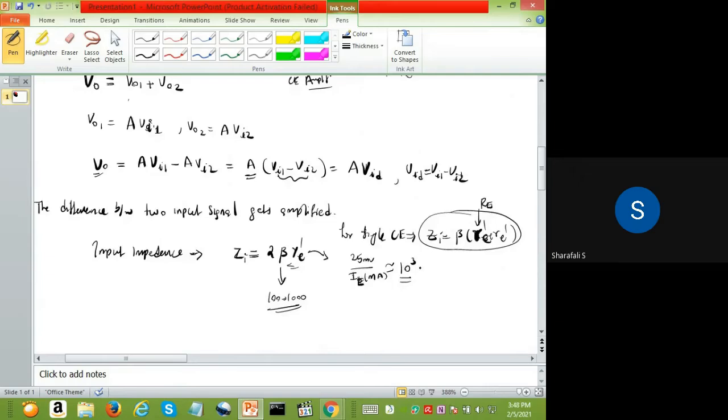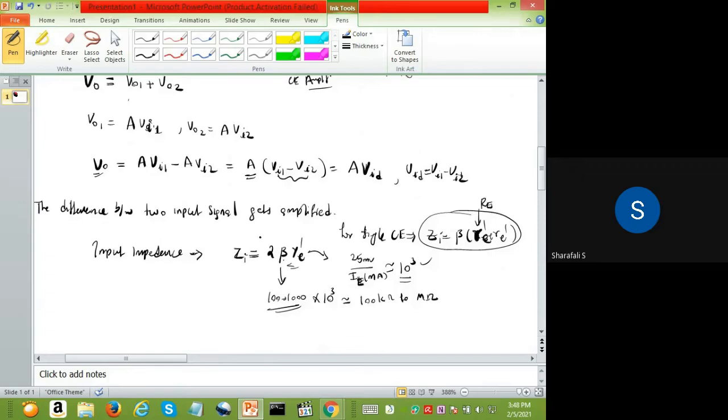So this will be in the order of 10 raised to 3 ohm. So total beta times RE dash will almost come in the range of some 100 kilo ohm to mega ohm.